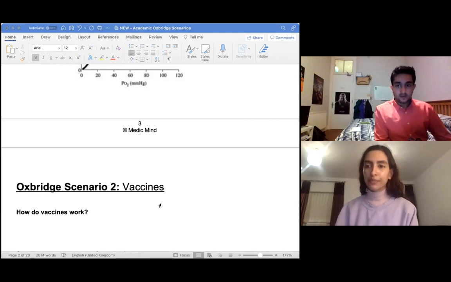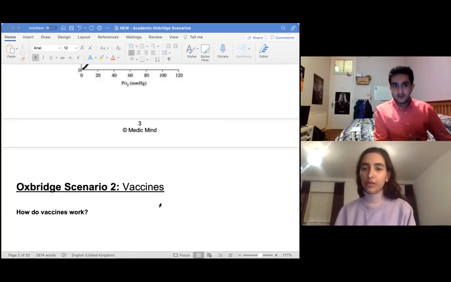And I know that some vaccines inject a dead or attenuated form of the pathogen, but I'm not exactly certain how it gets from the injection to the long-term immunity.